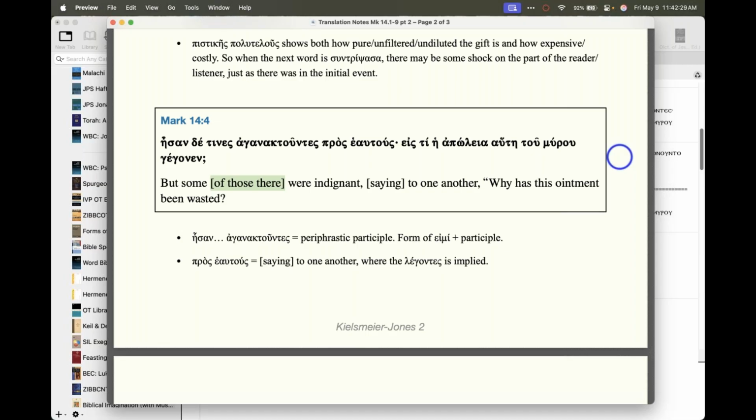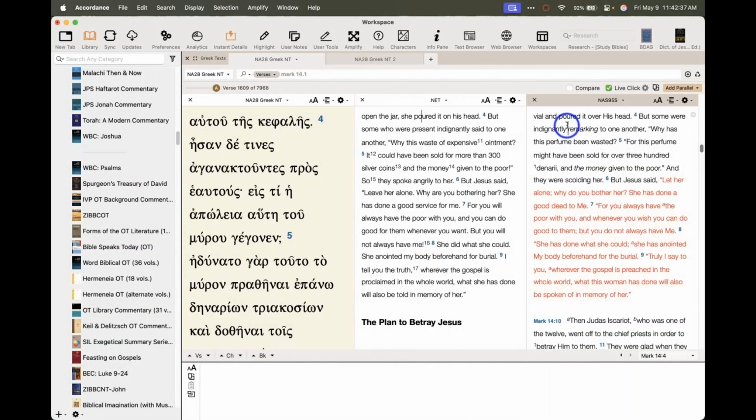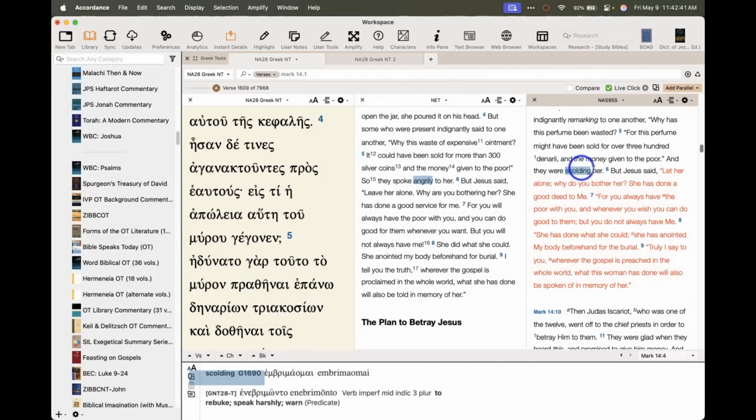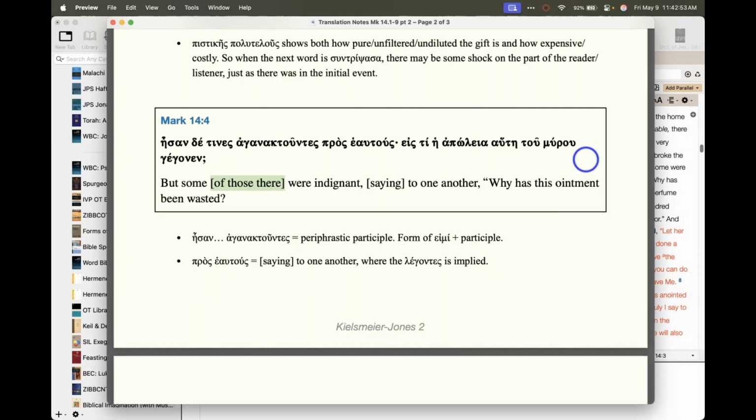But up or down, previous verses or following verses, Mark does not elaborate on who the some are. The quote goes on in verse 5, and they were scolding her, and then Jesus responds. There's nothing really in his speech that identifies them, and nothing even in the setup to this. So we just don't know who the some are.